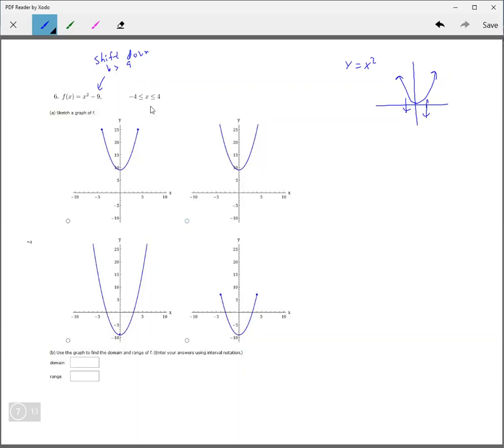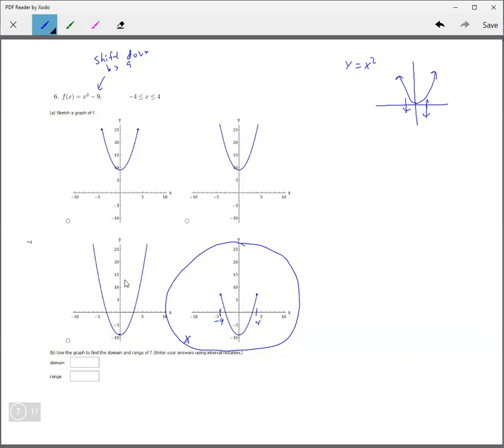So it's one of these two. But then this condition right here says that you have to stay between -4 and 4. Okay, so it's going to be this graph right here, as opposed to that one where this one just goes outside the -4 to 4. Okay, so it'll be that one.